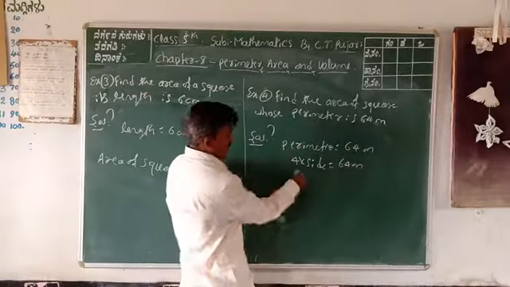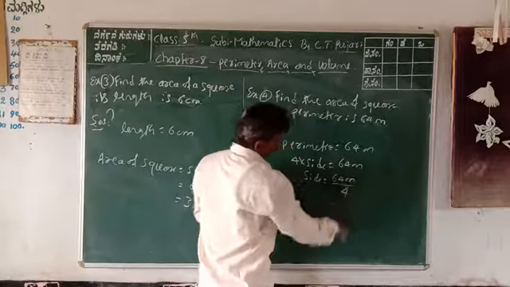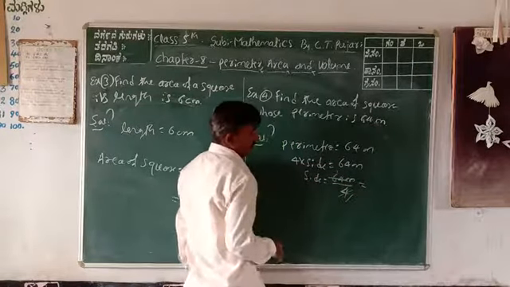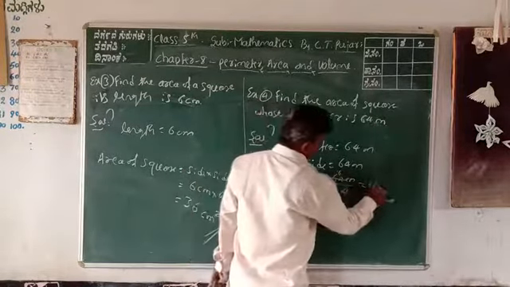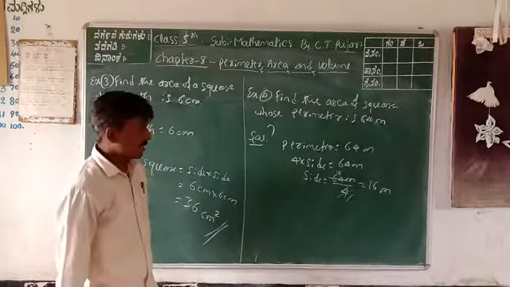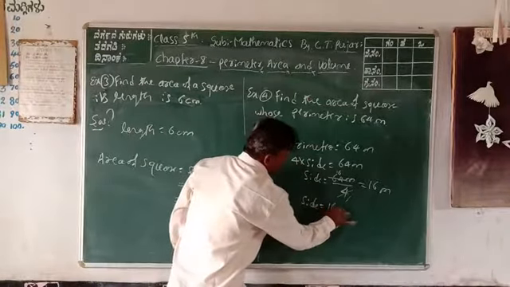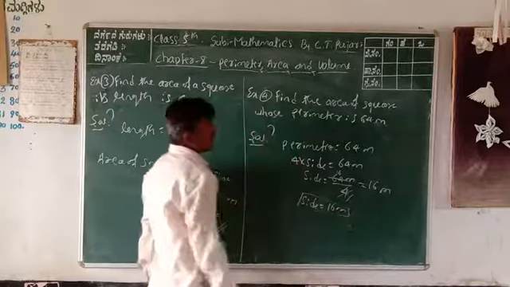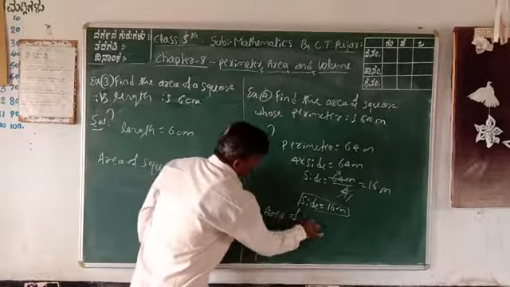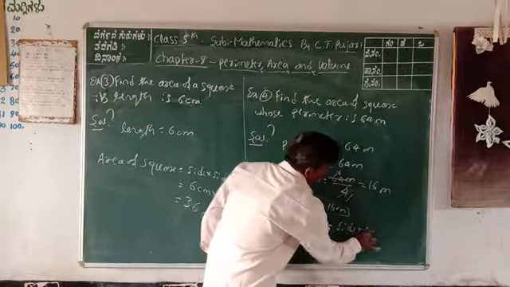You can find out the side. Side is equal to 64 meter divided by 4, is equal to 4 6s are 24, 4 4s are 16, that is 16 meter. Side is 16 meter. Next you can find out the area. Therefore, area of square is equal to side into side.